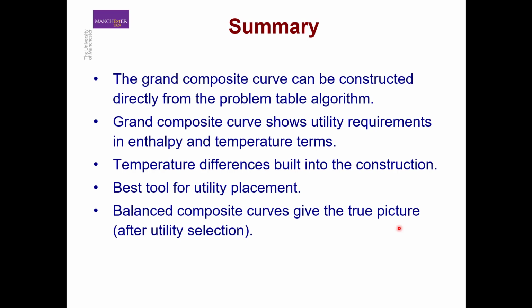These can be used as a tool for utility placement, deciding which hot and cold utilities we should use, and how much of each towards the total hot utility requirement QH min and total cold utility requirement QC min.